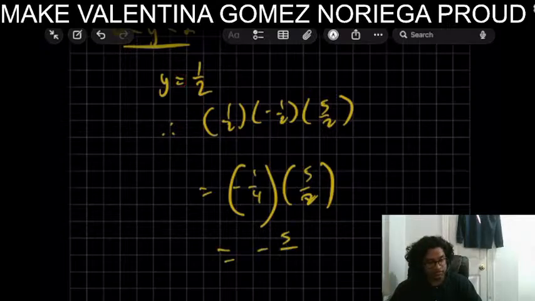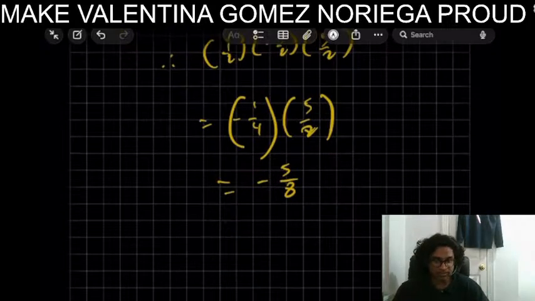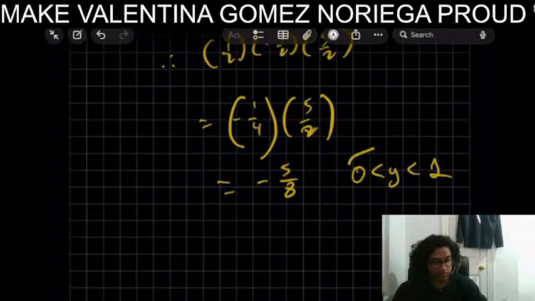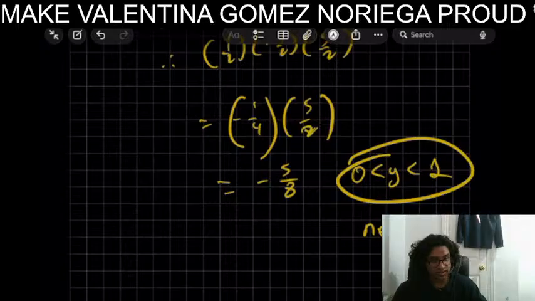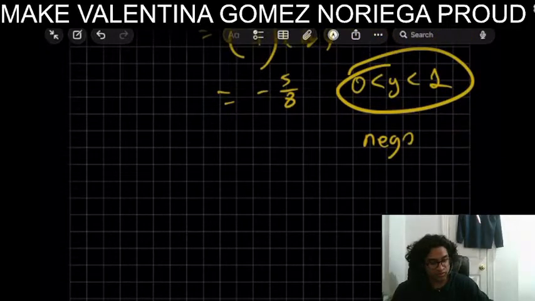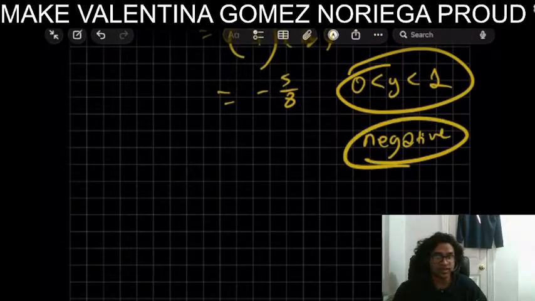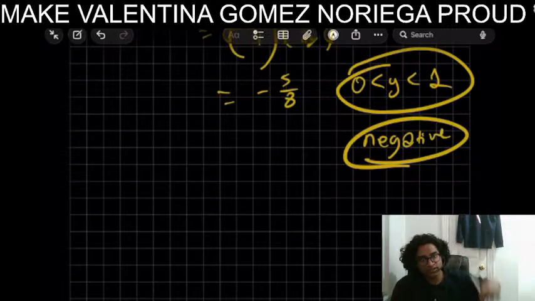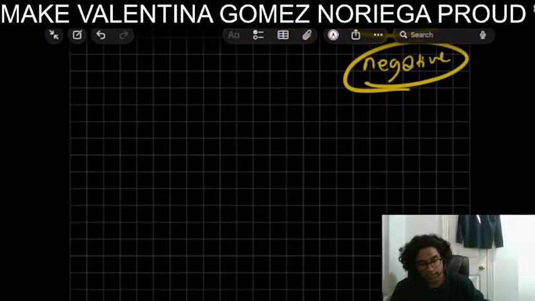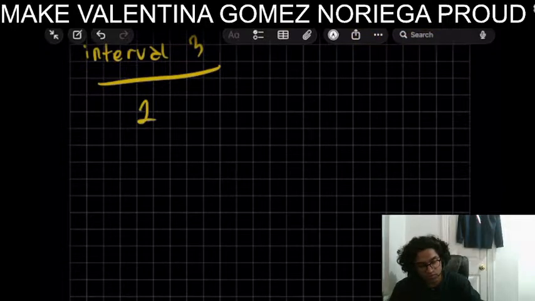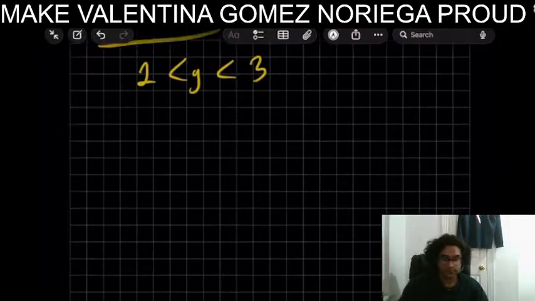So that is minus 5 by 8. Obviously it's a negative. So for 0 less than y less than 1, it is always a negative value, which means we're going to have the arrow pointing downwards.